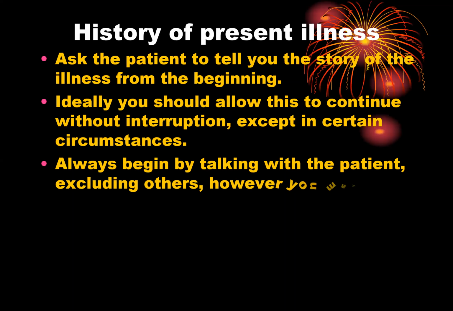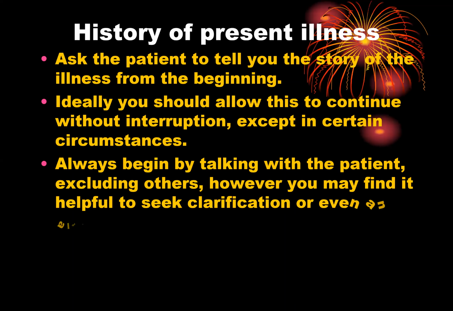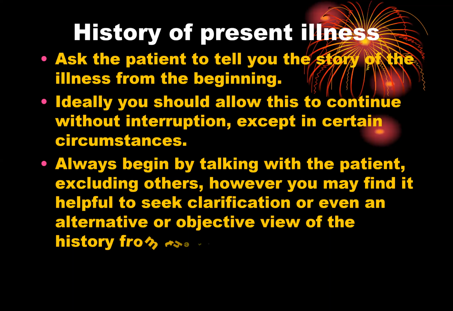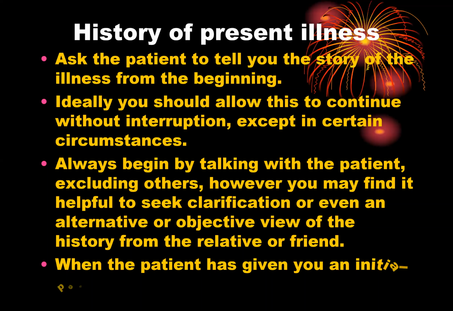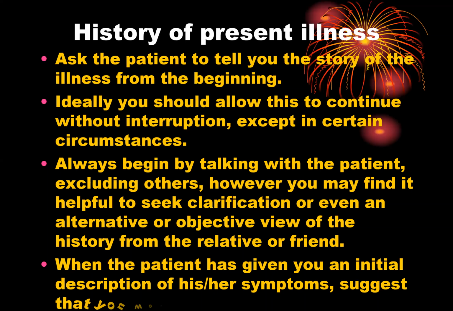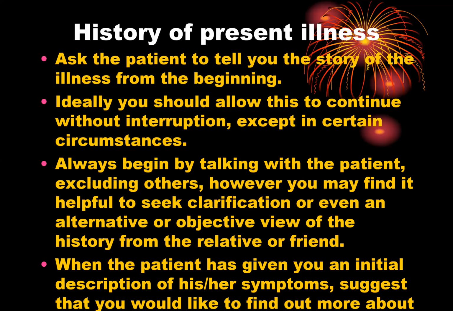Always begin by talking with the patient, excluding others. However, you may find it helpful to seek clarification or even an alternative or objective view of the history from the relatives or friends. When the patient has given you an initial description of her symptoms, suggest that you would like to find out more about these symptoms.